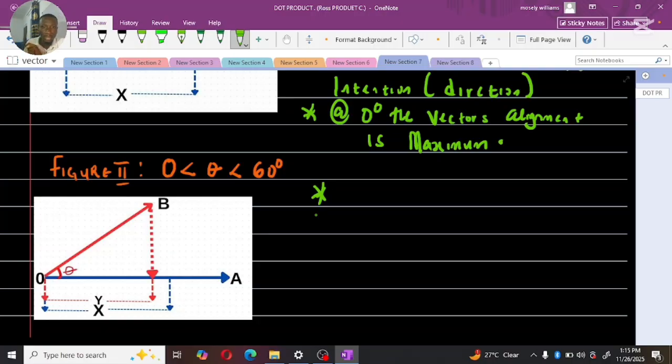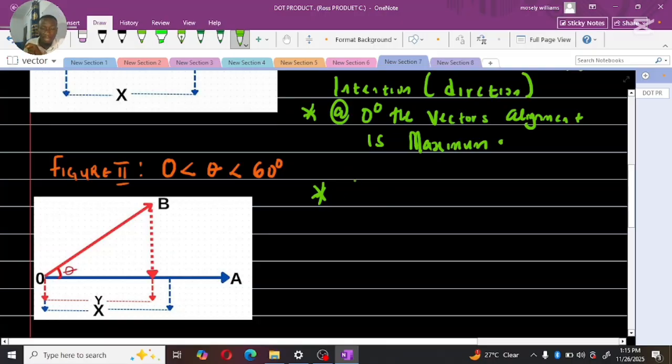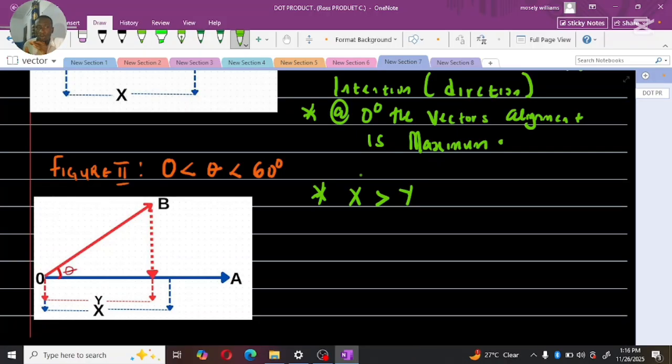You will now see that the measure of alignment X is greater than Y. Very obvious. You should observe that the more we tilt vector B to a certain angle, the lesser the measure of alignment becomes.